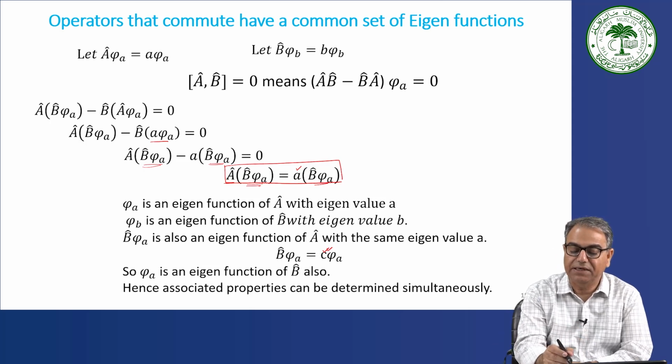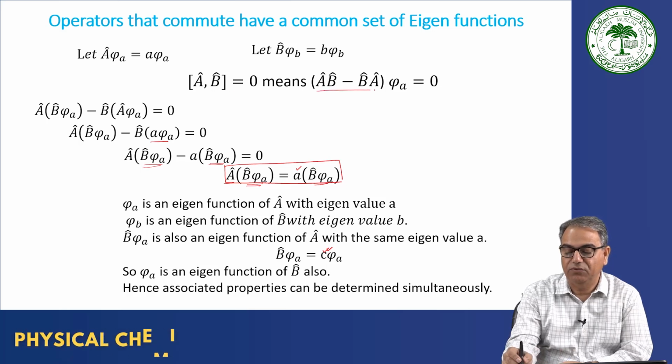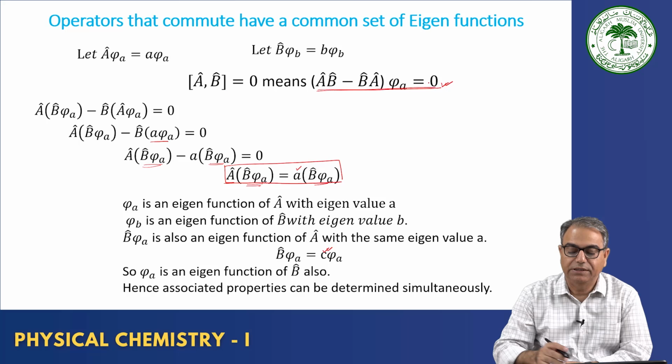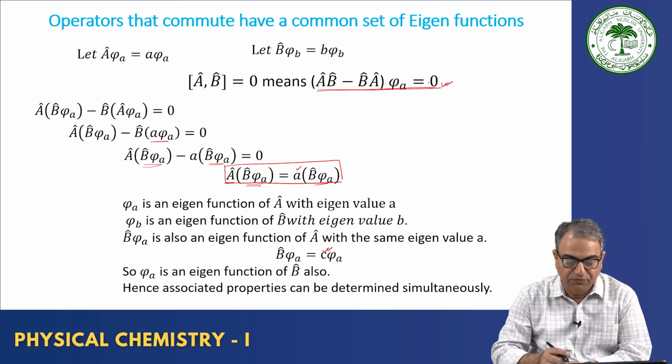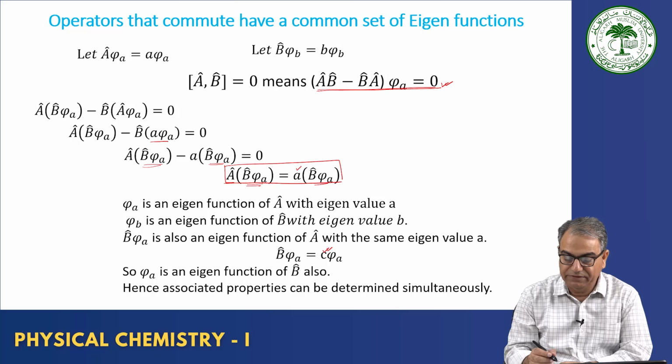This comes from the fact that AB minus BA operating on phi A is equal to 0. Only when you have this commutator relationship can you get this equation. So this is very important.